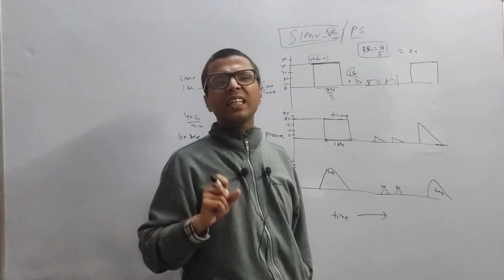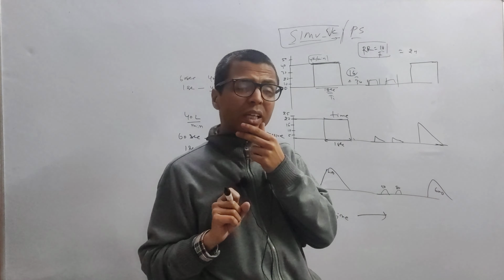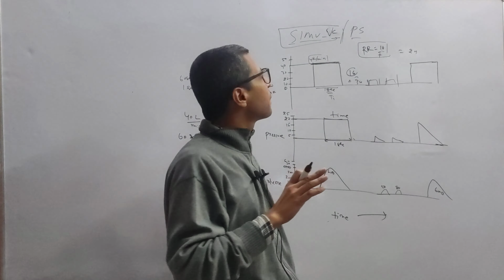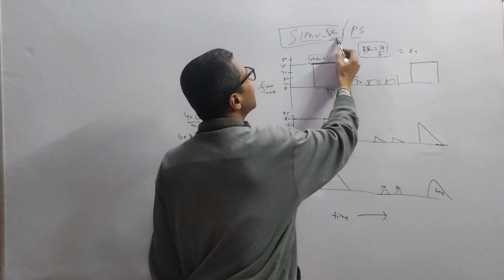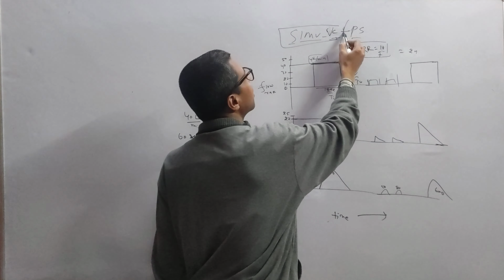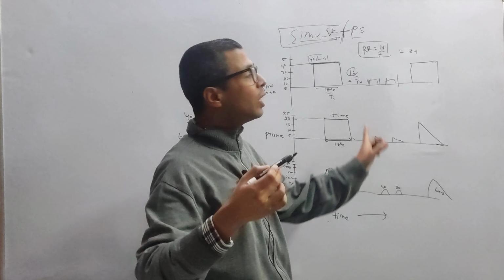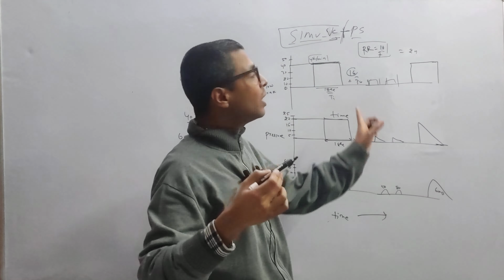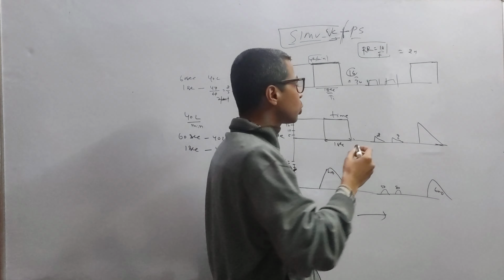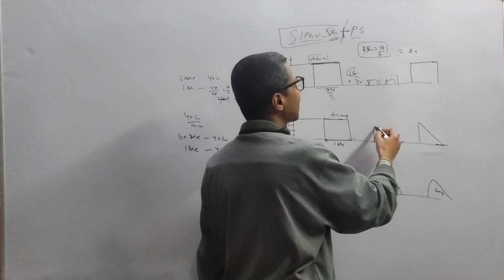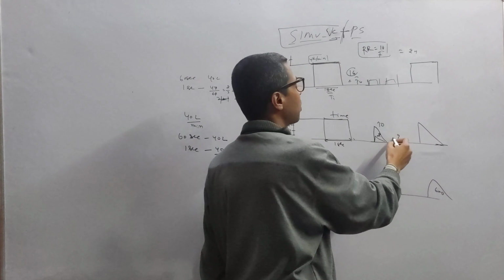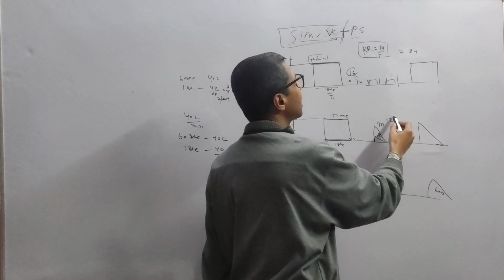So the ventilator developers thought that we can convert SIMV VC into SIMV VC plus PS mode, pressure support. So let's also add pressure. The patient is taking little, let's suppose 2 centimeter water, the patient is sucking. So let's add some extra, let's suppose you add 10 centimeter extra pressure. So it will become 12 centimeter water.